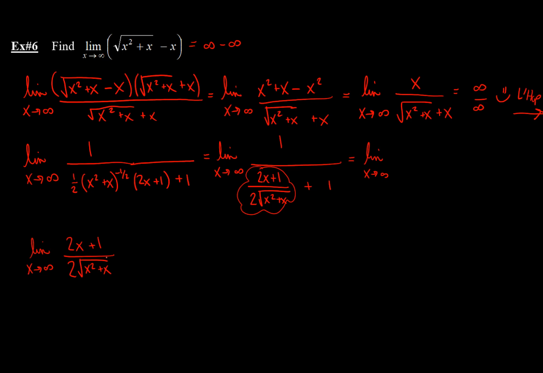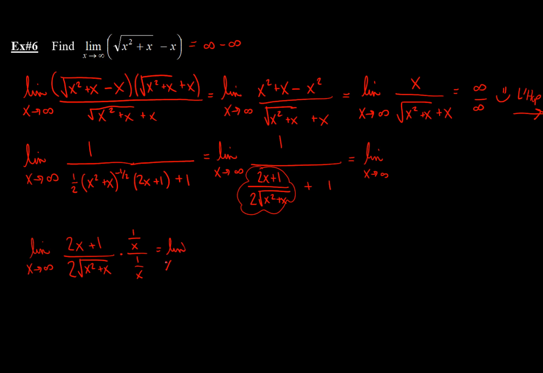If I were to plug it in right now, I'd get infinity over infinity, but I'd also get some really interesting derivatives. But if I were to look at the old tricks of multiplying by the effective degree of the denominator, I'm going to multiply both of these by 1 over x.